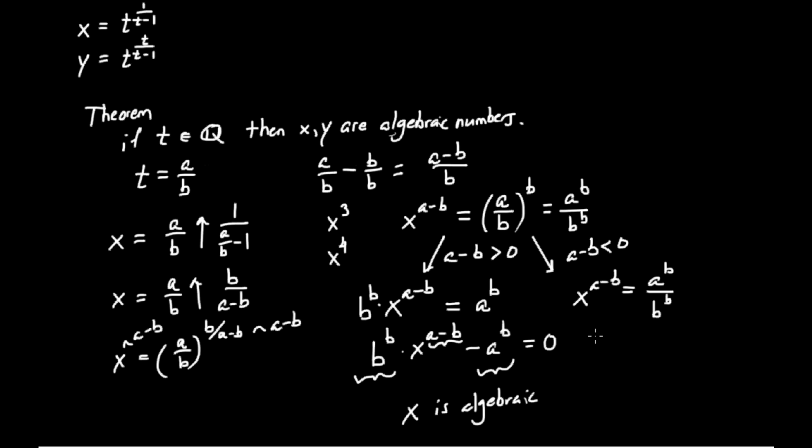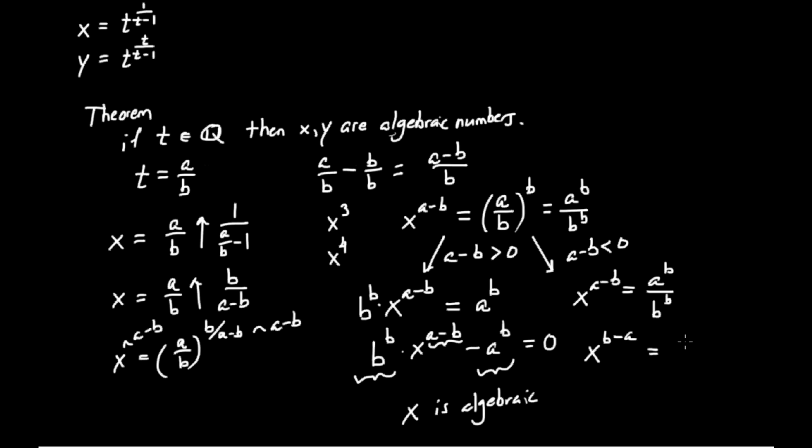So when I take the reciprocal of both sides, I'm going to get x to the b minus a power. And now since I've taken the reciprocal there, I'm guaranteed that if a minus b is a negative number, that means that b minus a is a positive number. And then the argument just essentially becomes what we have here.